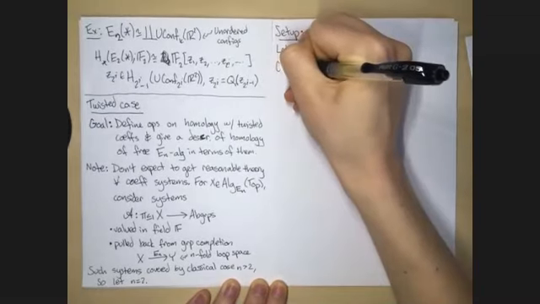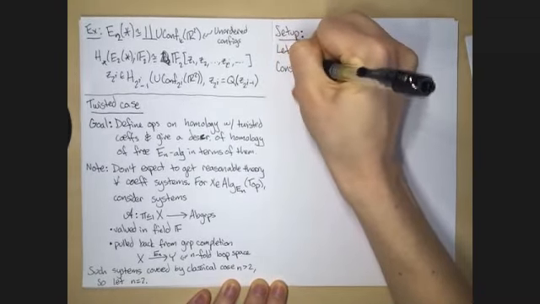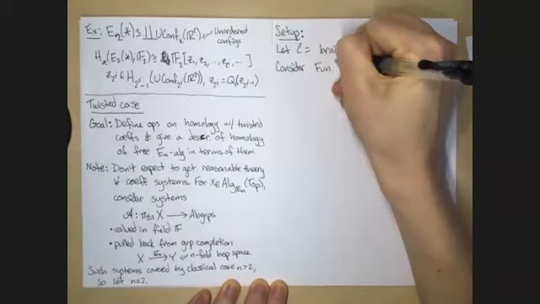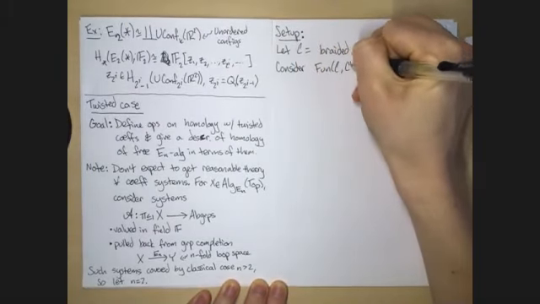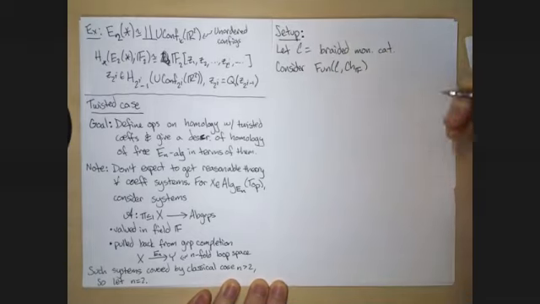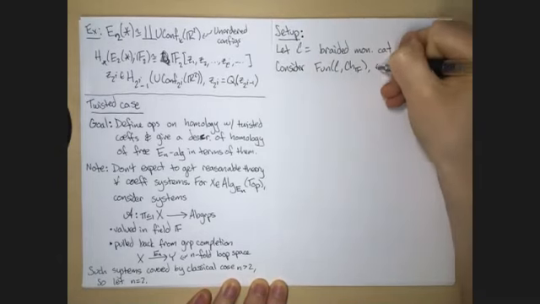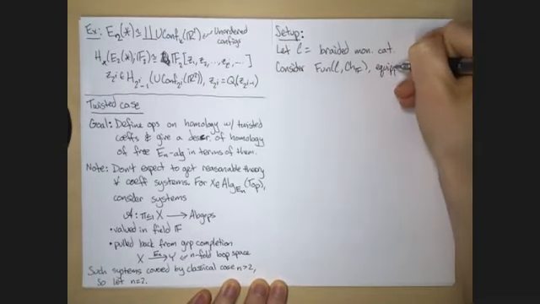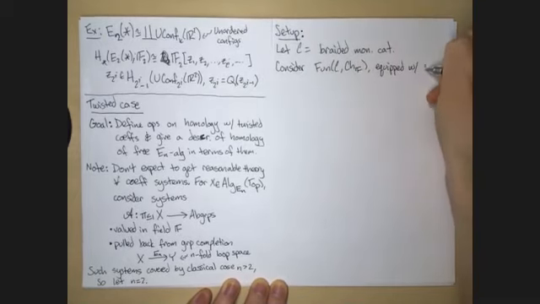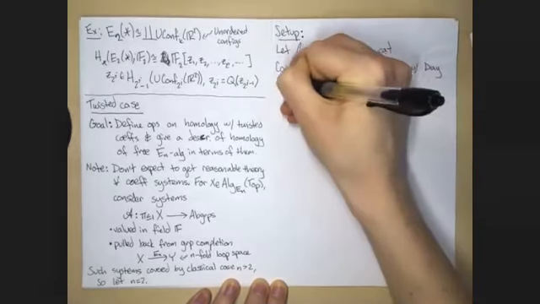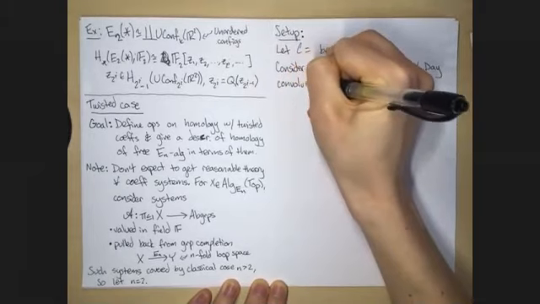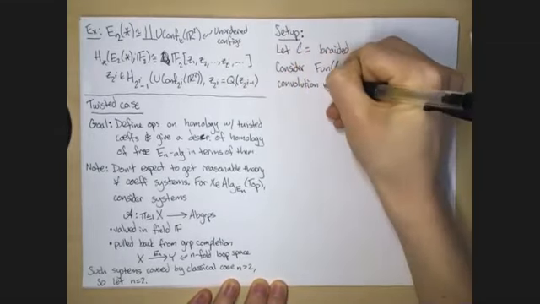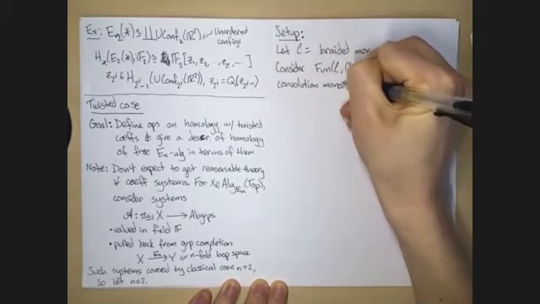And given such a C, I want to consider the category of functors from C to chain complexes in F. And I can equip this functor category with a monoidal structure called the Day convolution monoidal structure. And I don't have time to define that, but it's not so important exactly what it is. If you don't know what it is, don't worry about it.